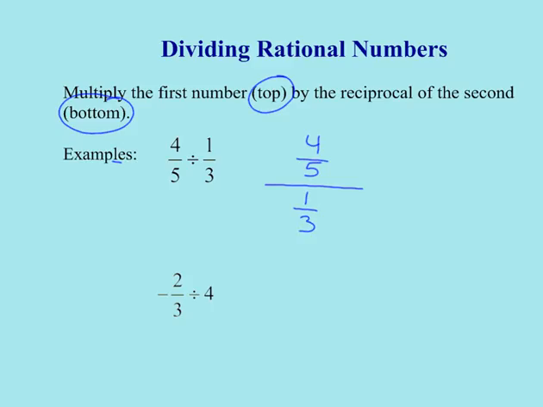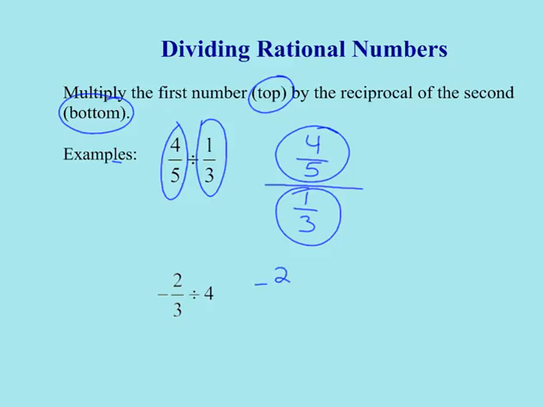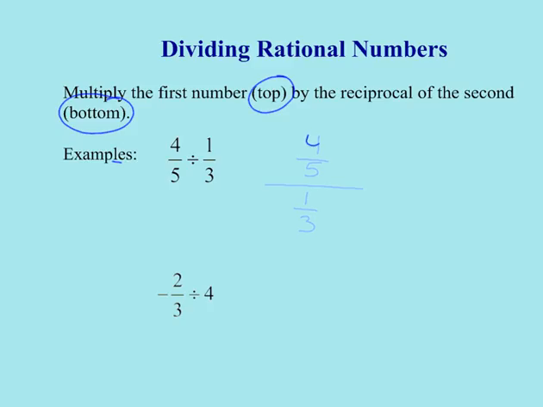So now instead of having a left and a right, we have a top and a bottom. Right? Same thing in our second example. Negative 2/3 divided by 4. So our left became our top and our right became our bottom. Okay, so that's why we did the top and the bottom mixed in there.